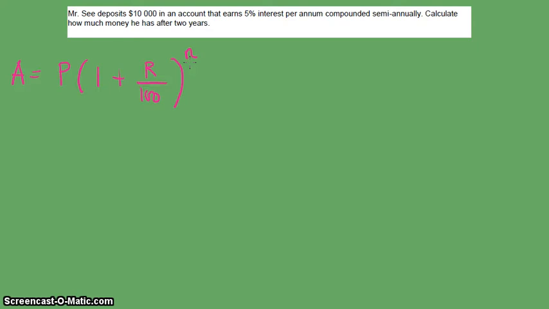So if you're using a formula, it is very important that you understand the letters in the formula.